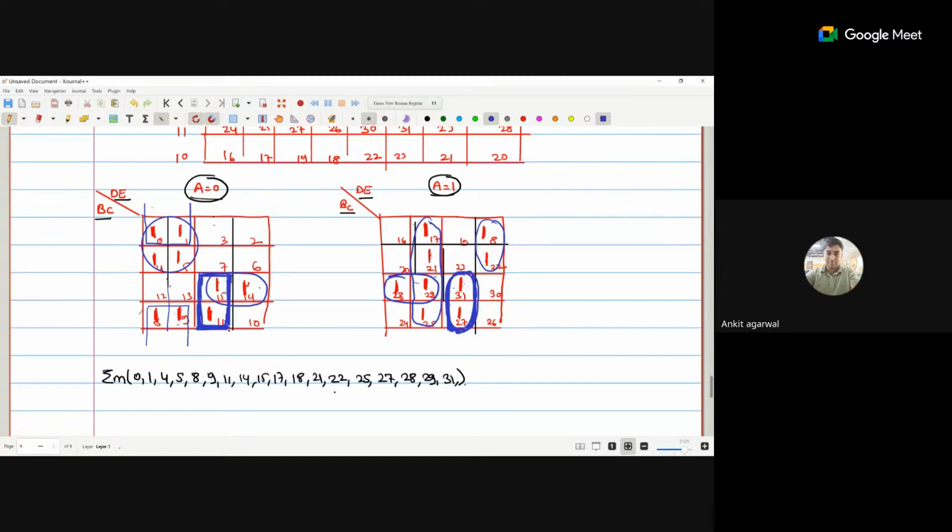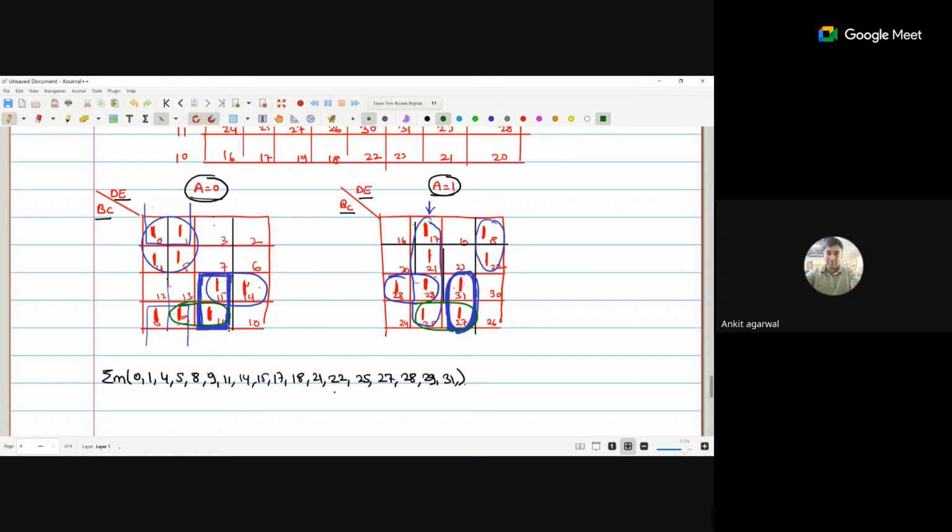This one is considered in this group of 4. This one is also considered here. This one is considered in the column group. And this one is considered in the group of 4. So no need to create a group for the last row. I just mark it with this one. The green one is not required.